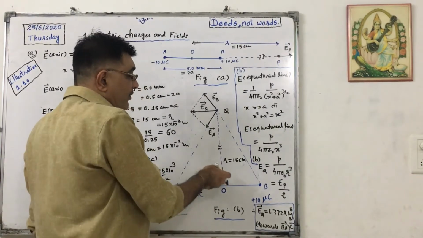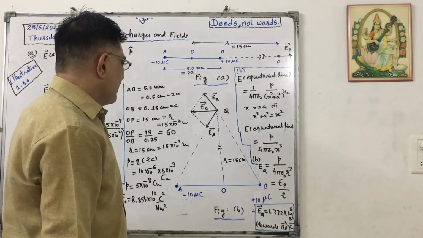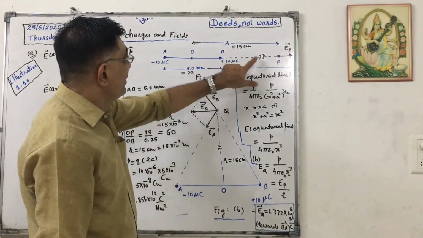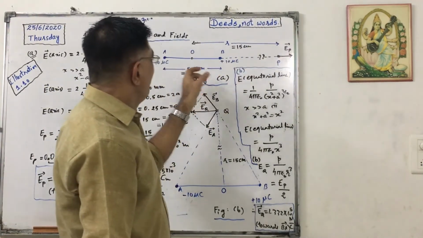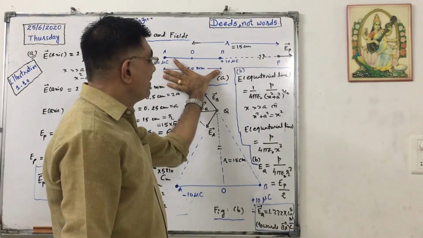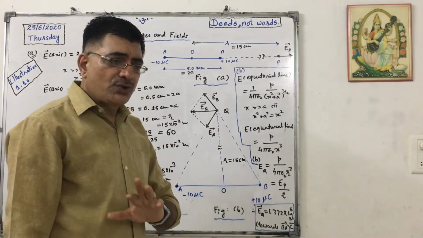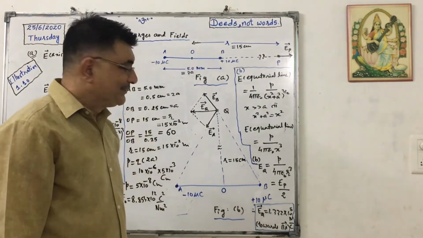We can say equatorial line, 15 centimeter equatorial line. See, I have used this sign here and here because this is not actually 15 centimeter if we consider these as 0.5 centimeter. That's why I have used this sign. In text as well as in most of the reference books, they are not using this sign, but it must be.